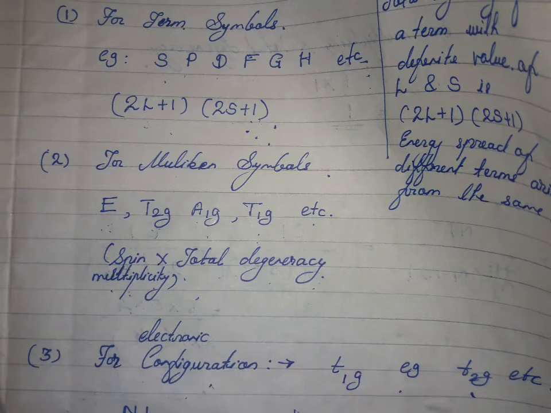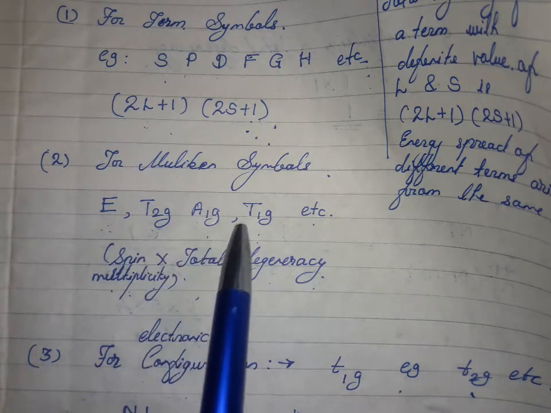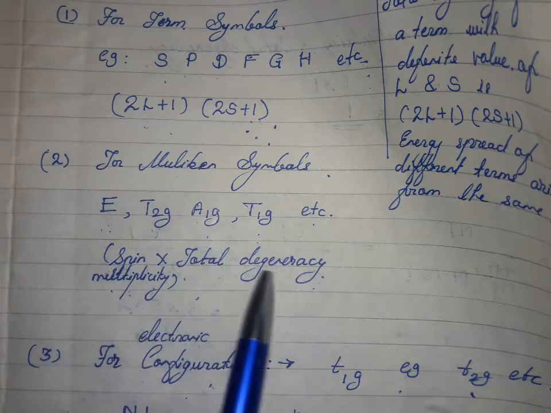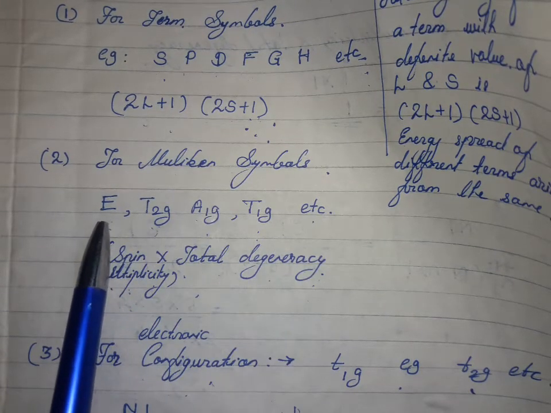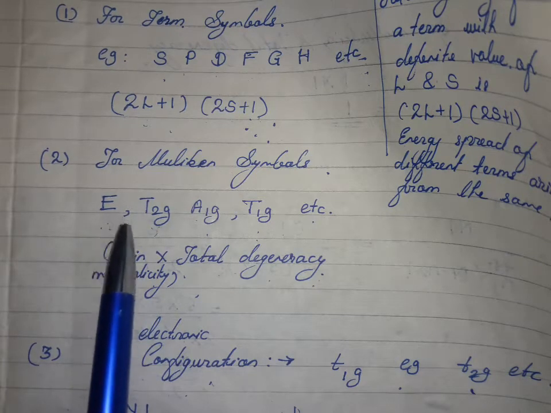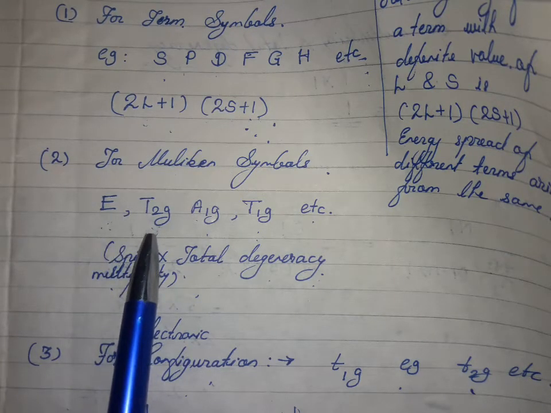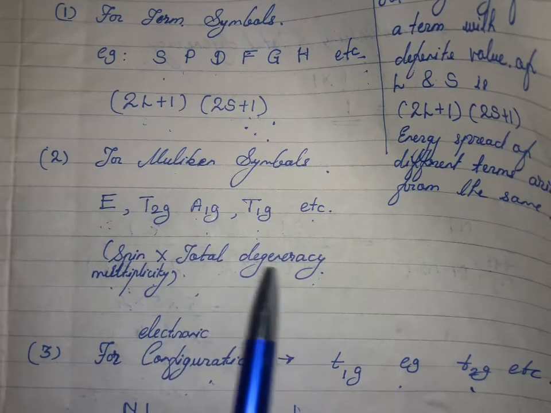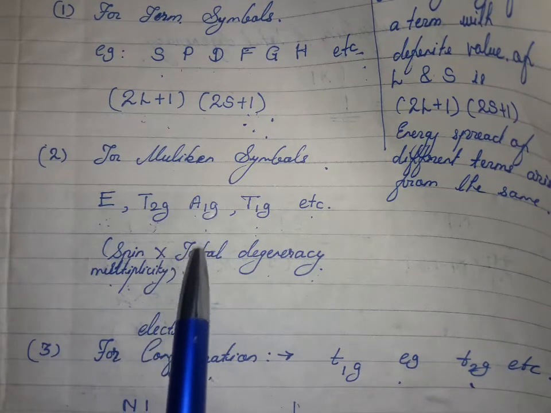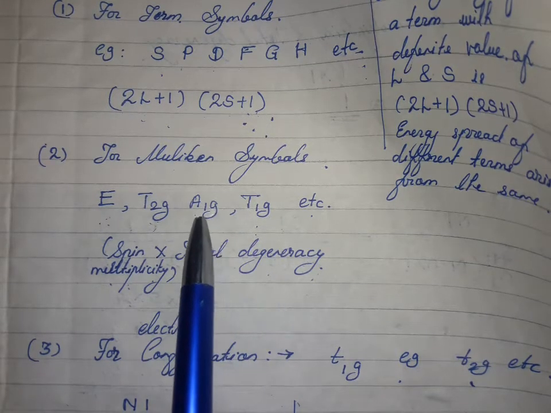In this case, E, T2G, A1G, T1G, etc. are Mulliken symbols. The total degeneracy of E is doublet, that's why it is equal to 2. T2G is triplet, so its total degeneracy is 3. A1G is a singlet, so its total degeneracy is 1.